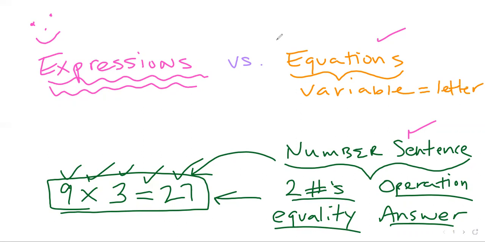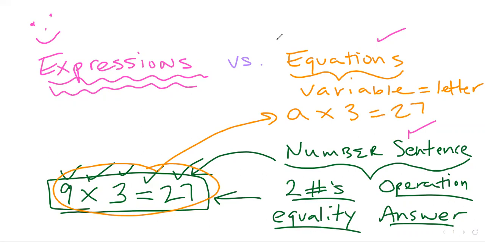So I could take my same number sentence and turn this into an equation by doing this: A times 3 is equal to 27. Now I have an equation, right? All we're doing is introducing a variable into our number sentence. Therefore, it changes into an equation.